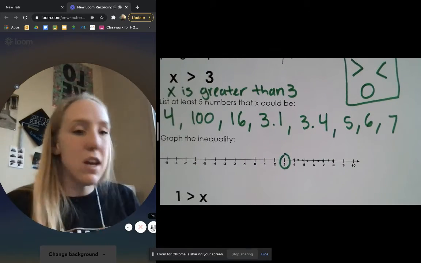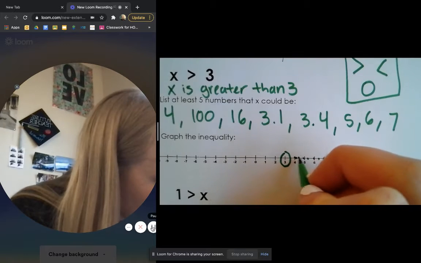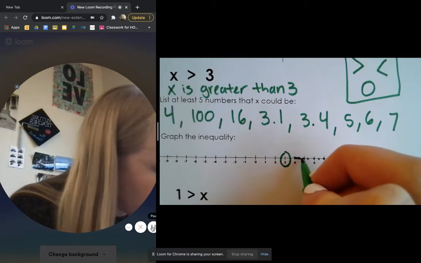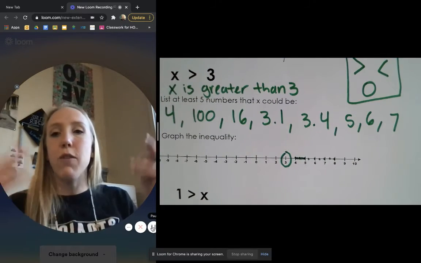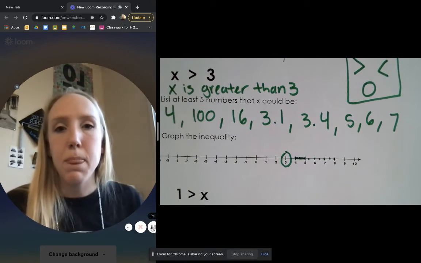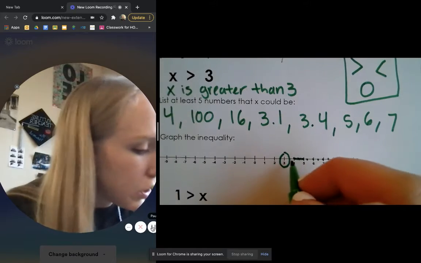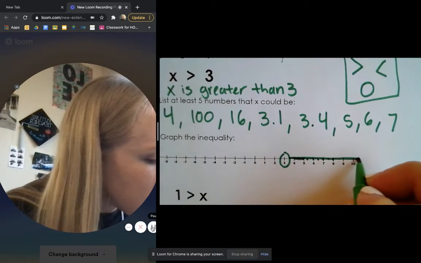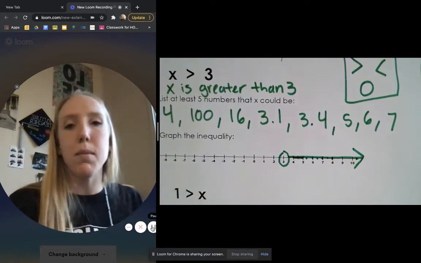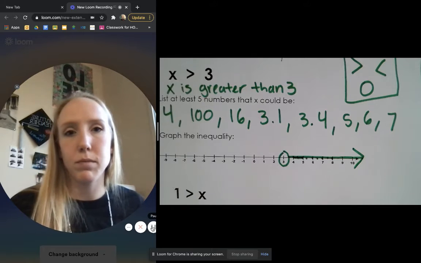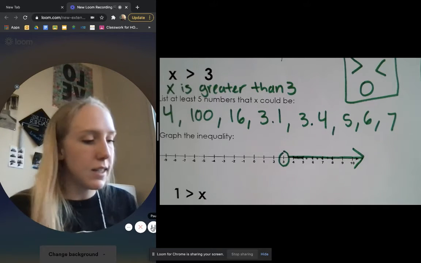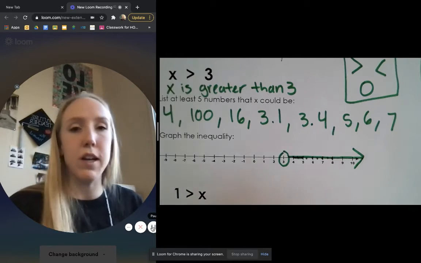Even 4.1, 4.2, 4.3, and so on up to 4.9. And if you fill in enough numbers that are greater than 3, pretty soon what you have is just a solid line for all of the numbers greater than 3. That is how you graph an inequality.